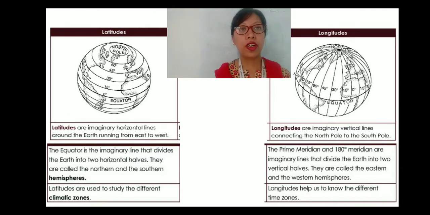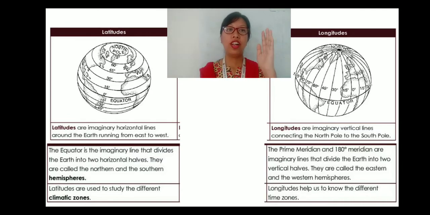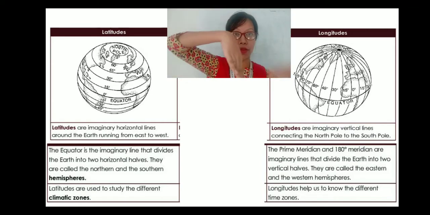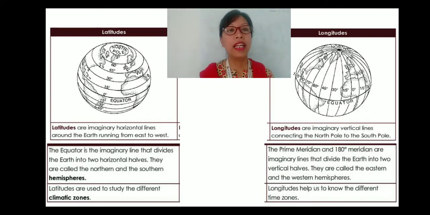Now let's move towards the longitudes. Longitudes are imaginary vertical lines connecting from the North Pole to the South Pole, okay? The prime meridian, in a similar way to the equator, and the 180-degree meridian are imaginary lines that divide the earth into two vertical halves, because longitudes are vertical lines, right?